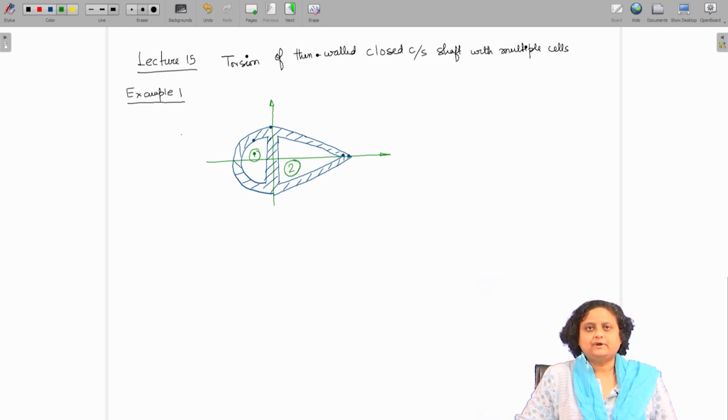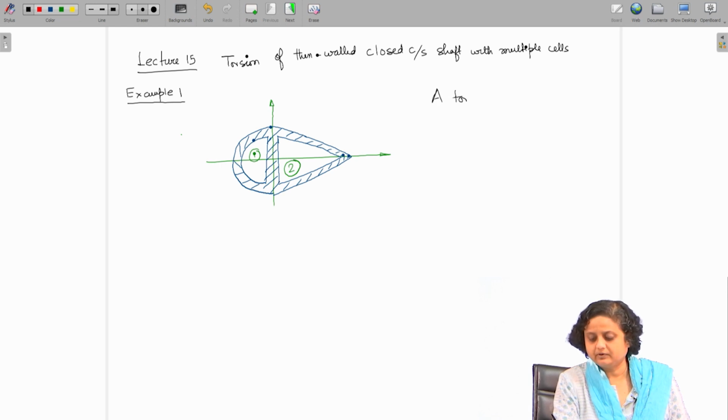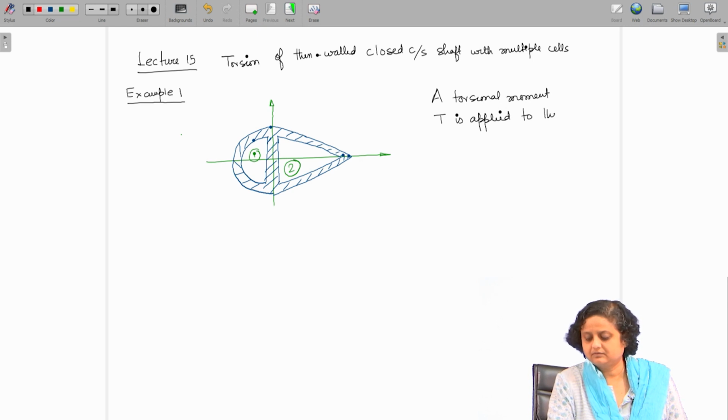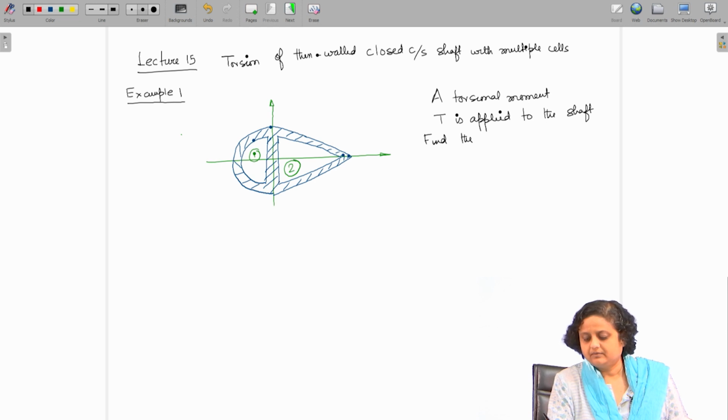So, we have two cells, and if a torsional moment T is applied to the shaft, we need to find the shear stresses in the shaft.